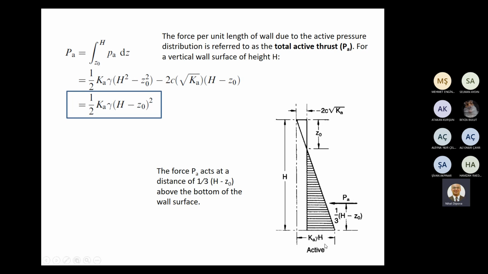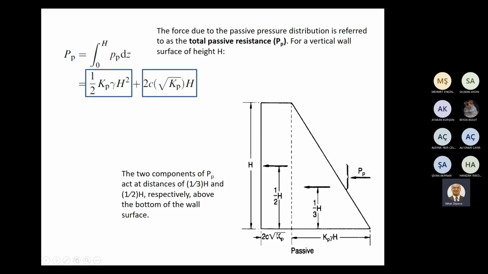But as we know, this zone doesn't contribute to strength. So we will consider only this depth, and the application of PA will be 1/3 of H minus Z0. Let us apply the same thing to the passive case.